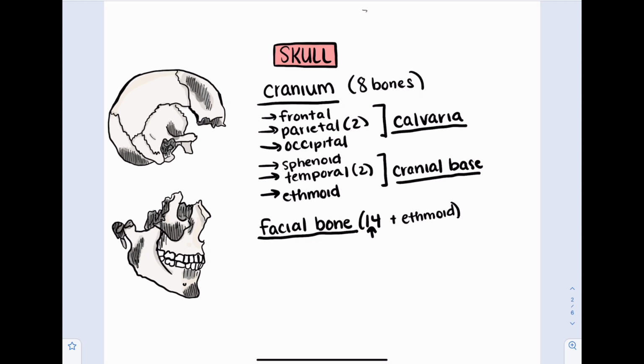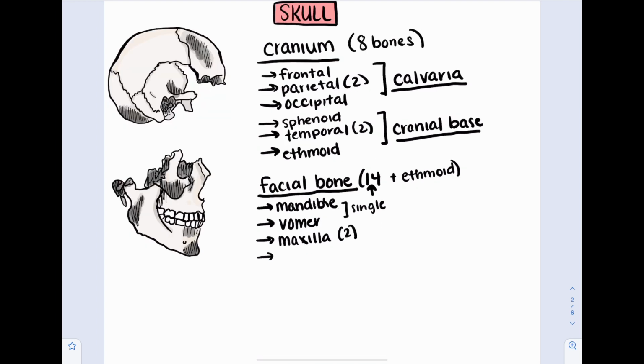So the facial bones include the mandible, the vomer. The mandible and the vomer are the only 2 that are singles. They're one bone. The mandible is one bone, the vomer is one bone. All of the other ones come in pairs. So we have the maxilla, which there are 2. The inferior nasal concha, there are 2 of those.